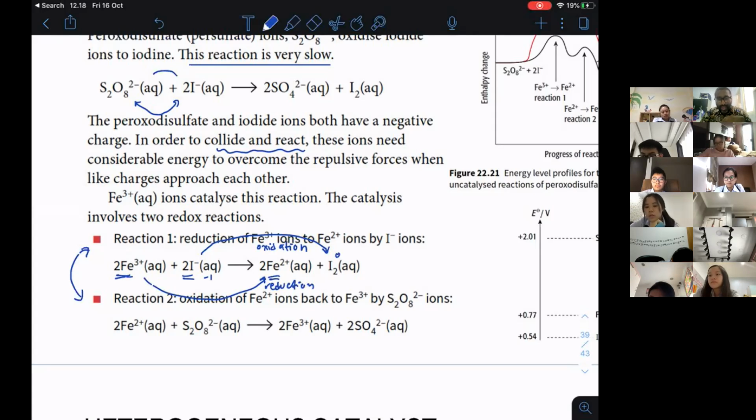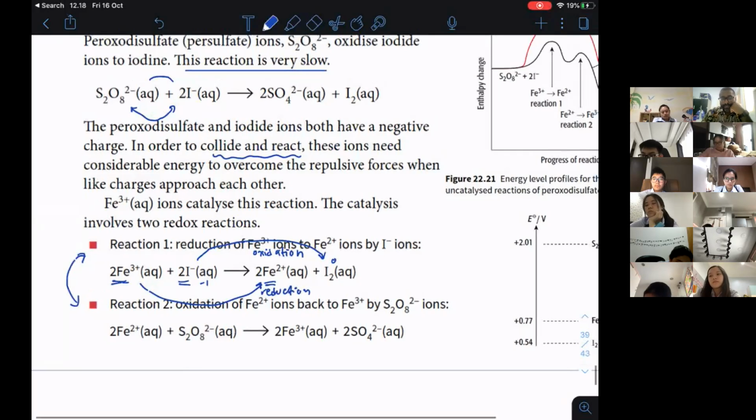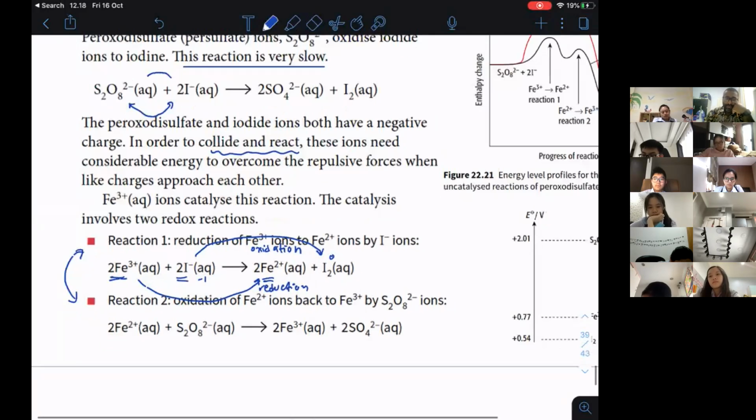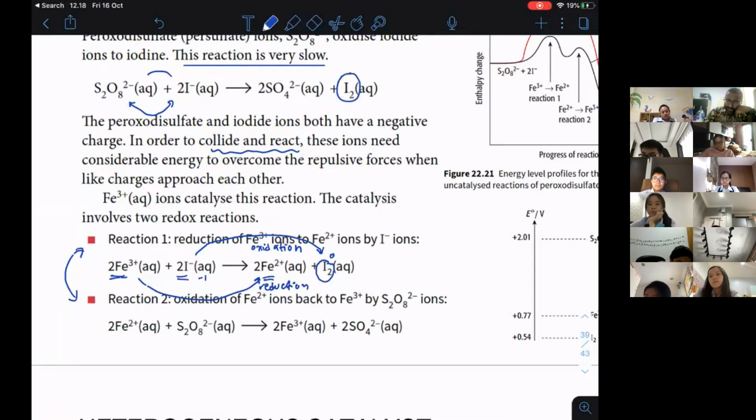And what is going to happen next? The next step: because now I already have I2, I only need to change the persulfate into SO4 2-. It's not showing on the screen, so it will show a bit late. Yeah, you can see I already have this I2.